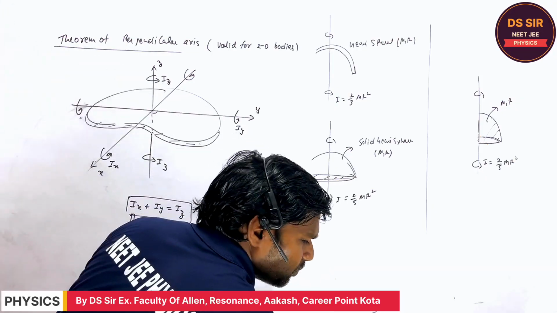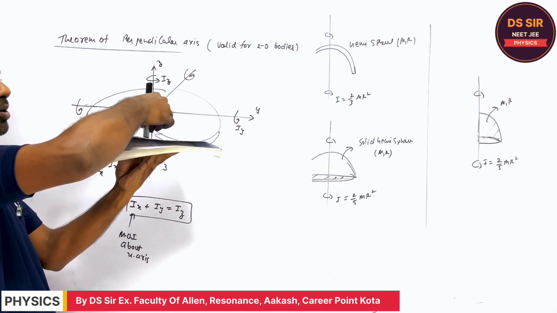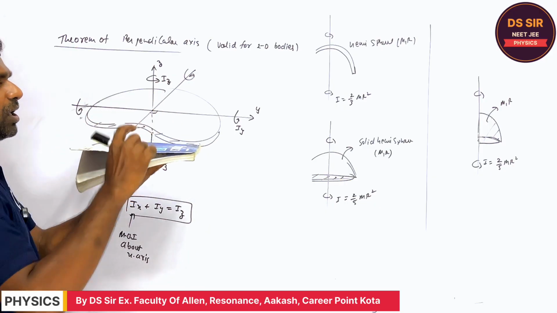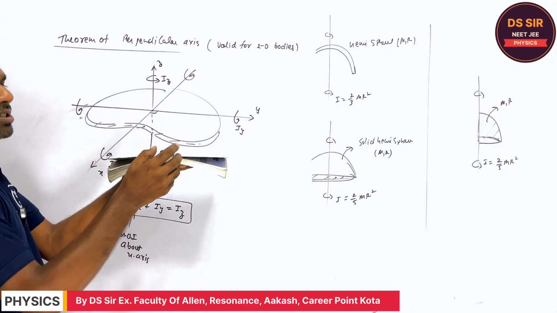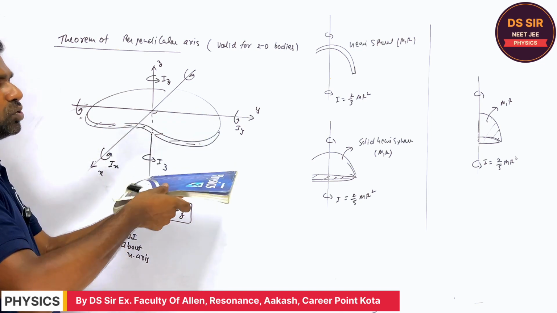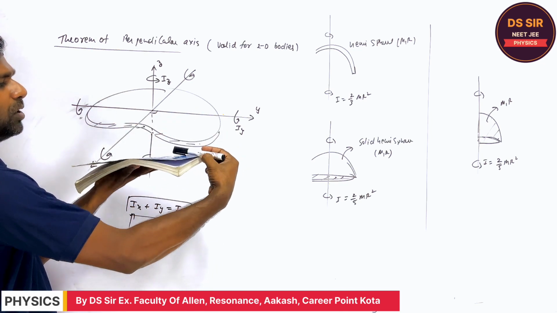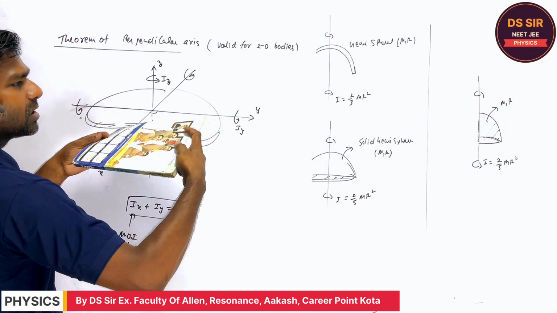And if you choose this as the z-axis, you have to find the moment of inertia about this z-axis. If you know the x-axis moment of inertia, it is rotating about this x-axis like this. If you choose this as the y-axis, what is the moment of inertia about this axis?